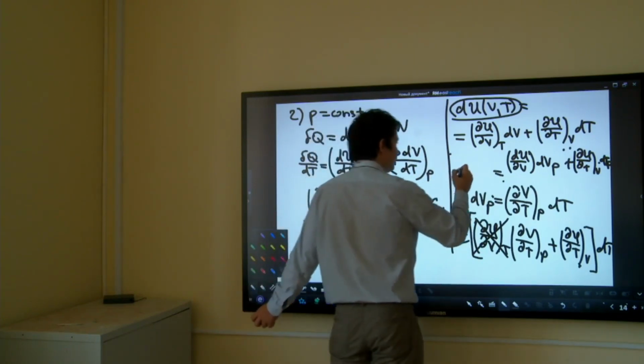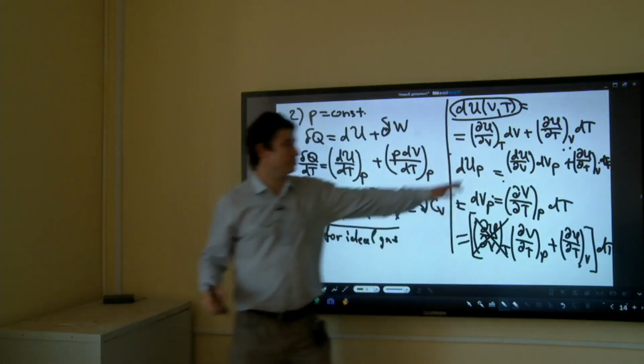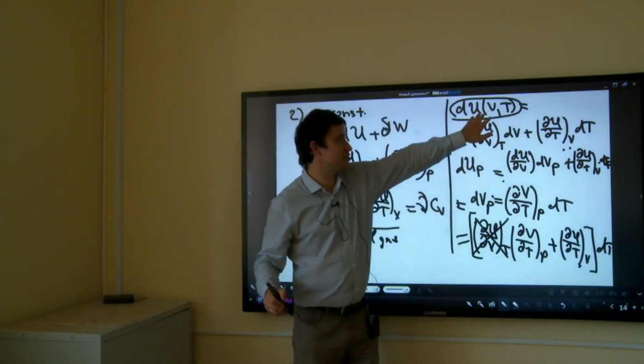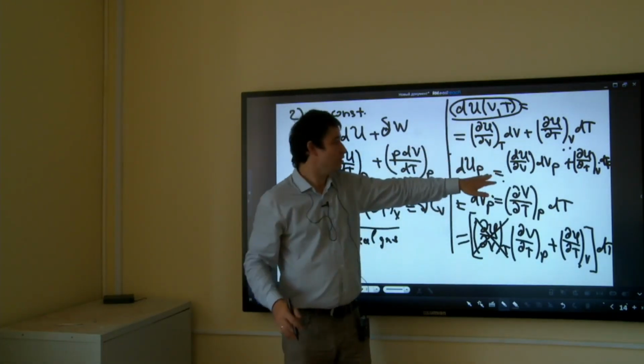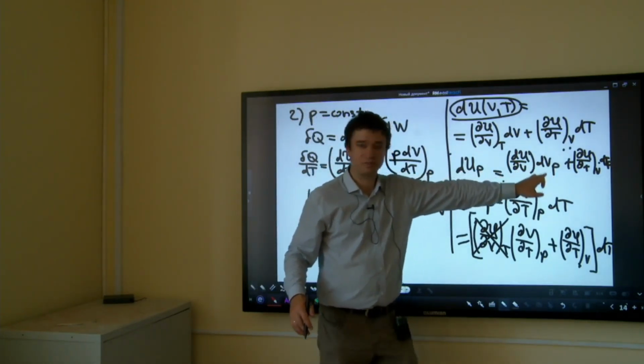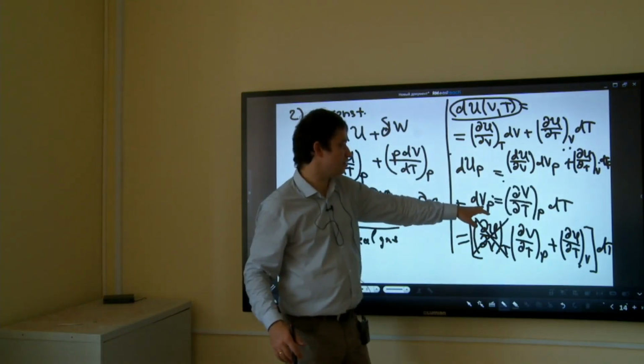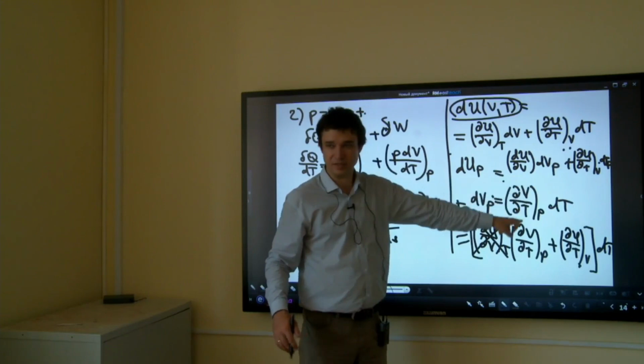I write here du at constant pressure. So here is du for any process. Now I consider the isochoric process. So I get dV at constant pressure and dt at constant pressure. And then I derive this dV at constant pressure as this.